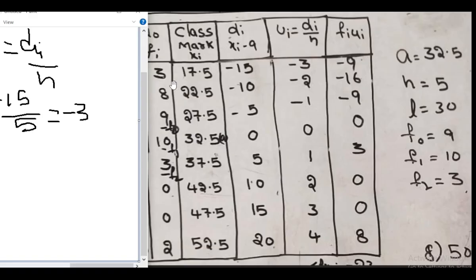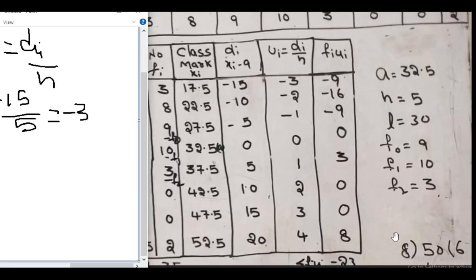So multiplying 3 into minus 3 is equal to minus 9, 8 into minus 2 is equal to minus 16, 9 into minus 1 is equal to minus 9, 10 into 0 is equal to 0, 3 into 1 is equal to 3, 0 into 2 is equal to 0, 0 into 3 is equal to 0, 2 into 4 is equal to 8.